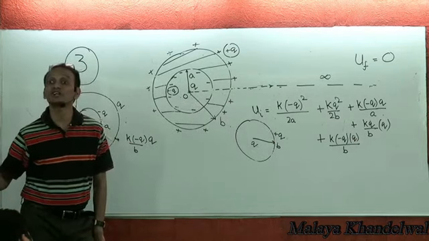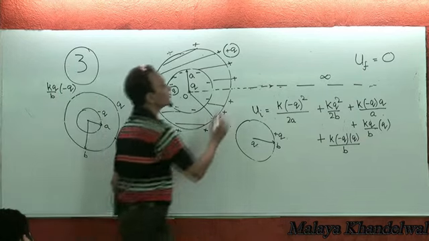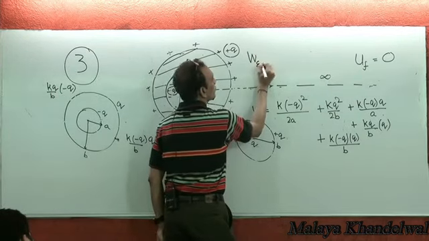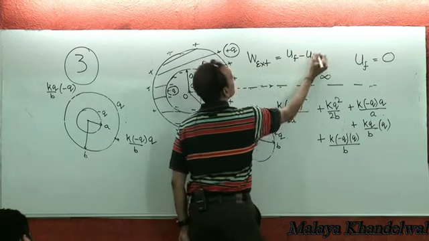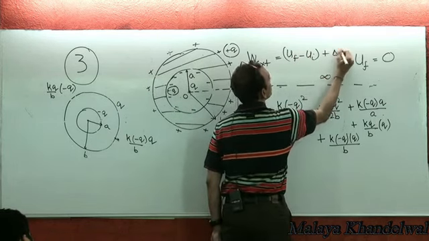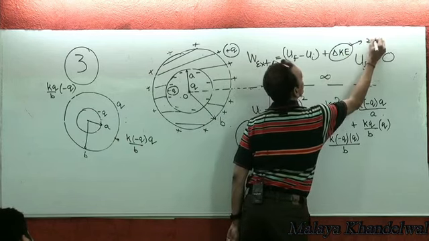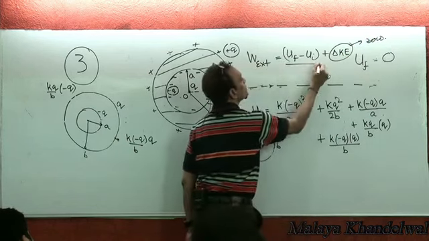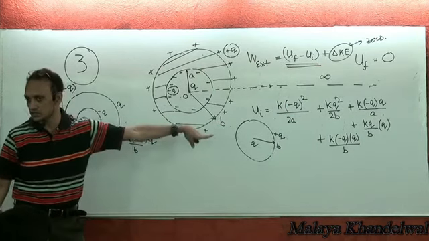Work done by the external agent is going to be UF minus UI, right? Work done by the external agent is always UF minus UI plus change of kinetic energy. But change of kinetic energy is 0. So it's simply going to be UF minus UI, where UF is 0 and UI is this.